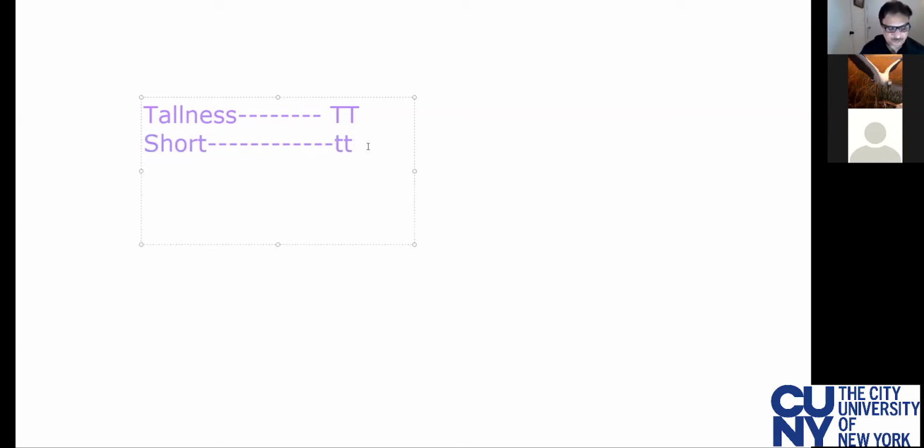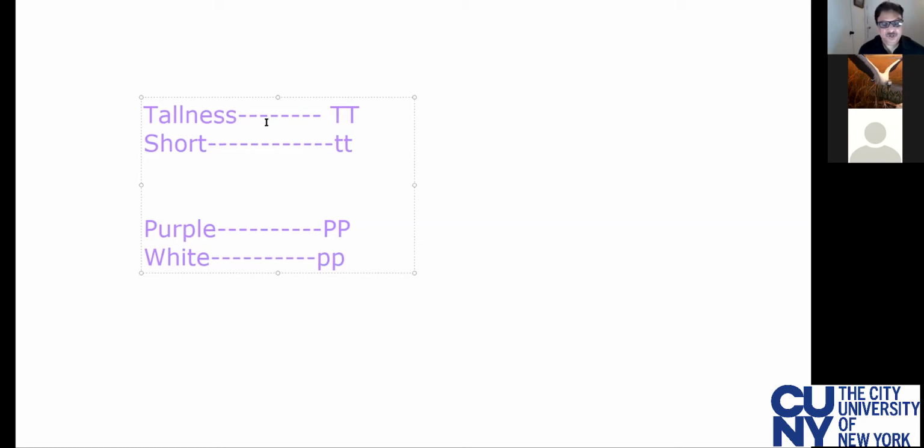Now in the context of flower, let's say the flower is purple color. The purple color is the phenotype, and the genotype is big P, big P. And a white flower could be small p, small p.